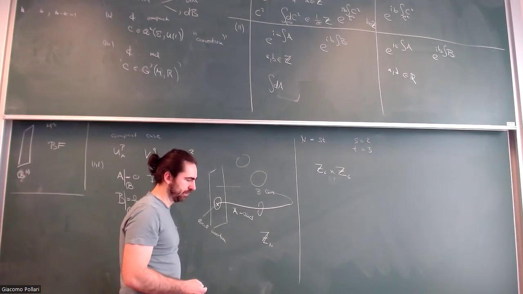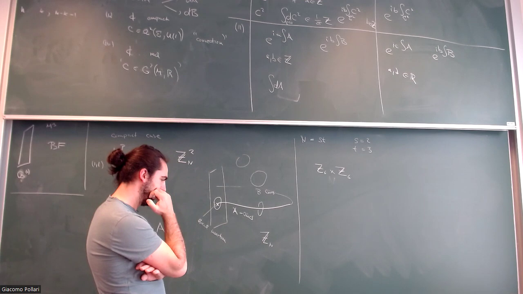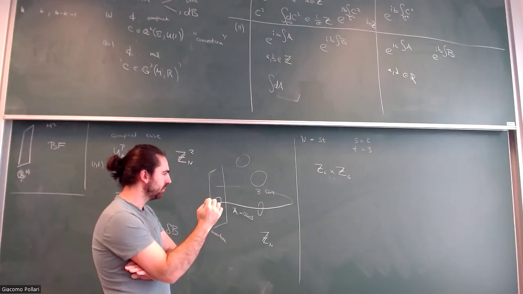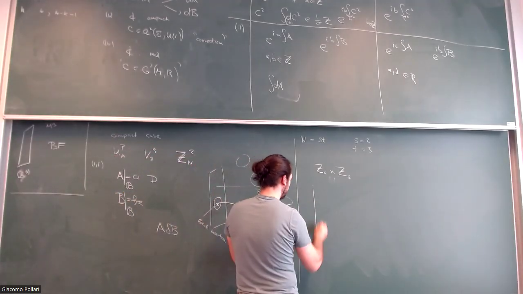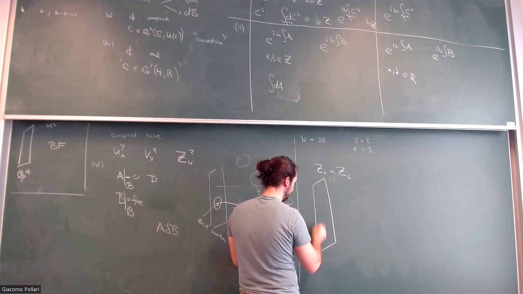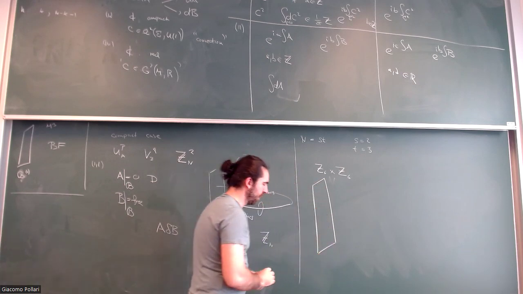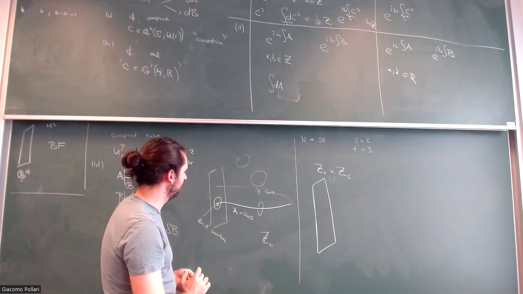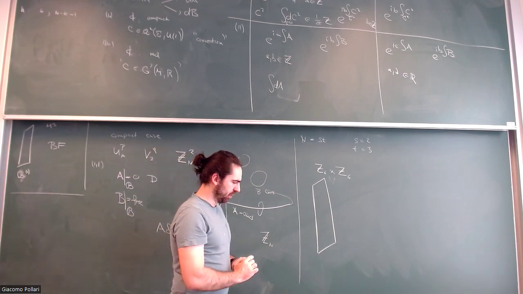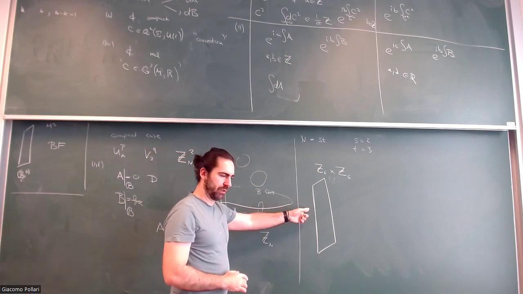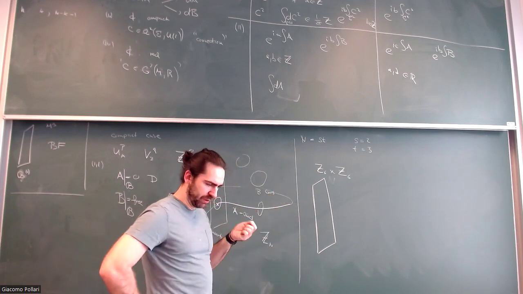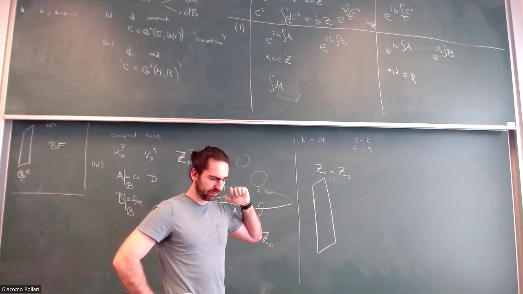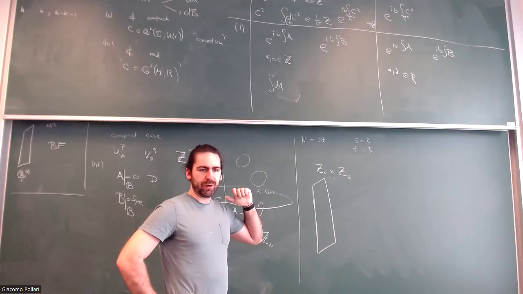The rule of thumb for these boundary conditions is that the only lines which can end at the boundary at the same time are mutually transparent.